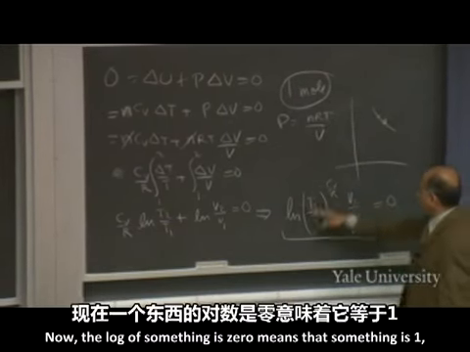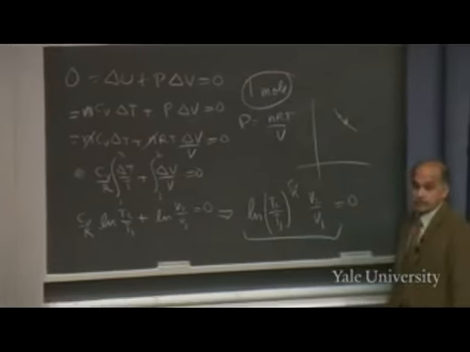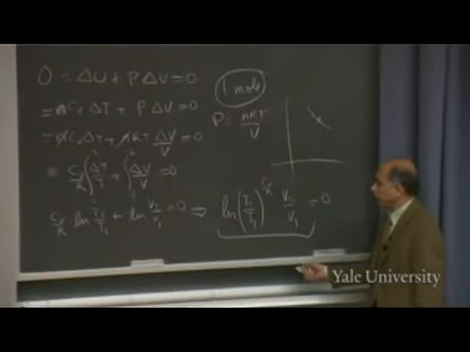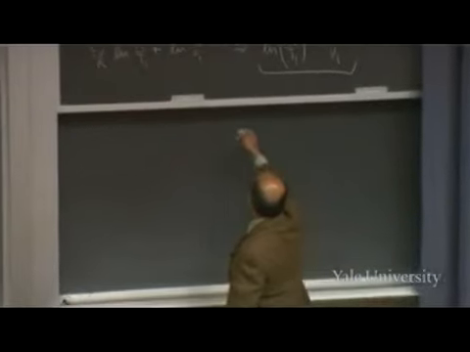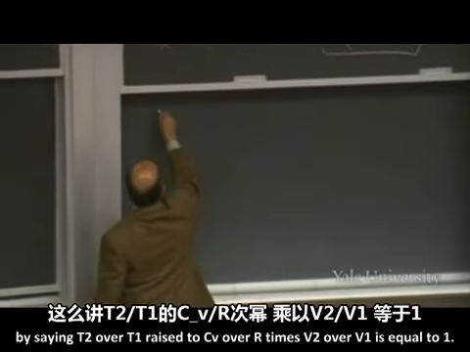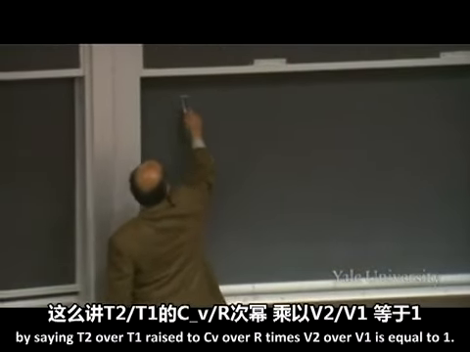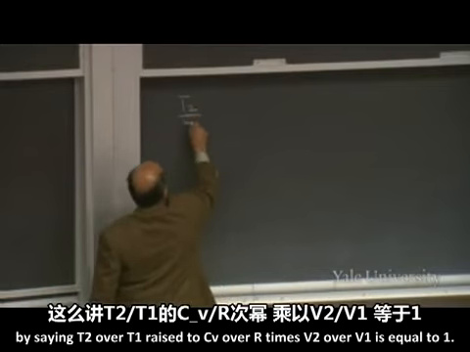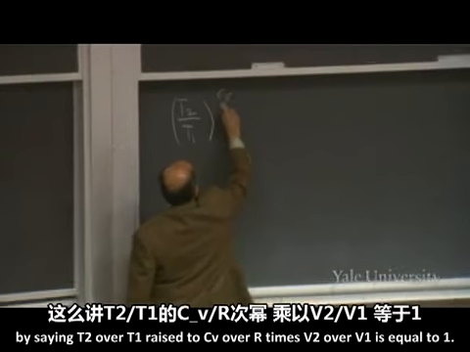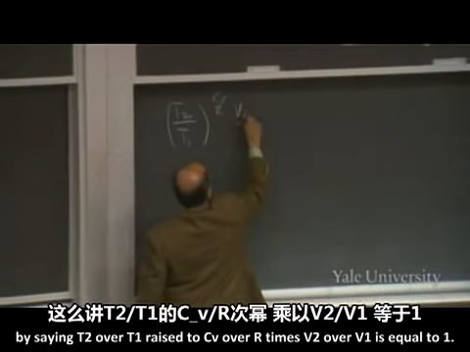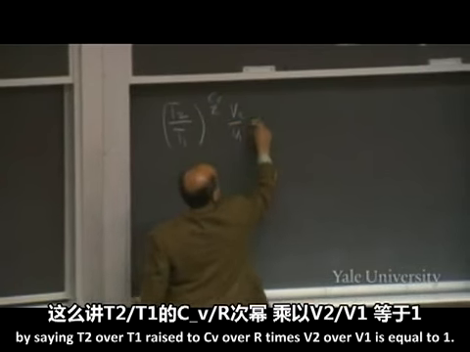Now, log of something is 0 means that something is 1, because log of 1 is 0. So we rewrite the final expression by saying T2 over T1 raised to CV over R times V2 over V1 is equal to 1.